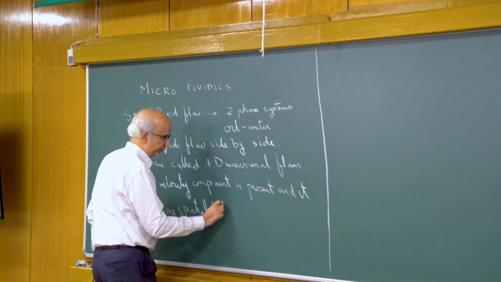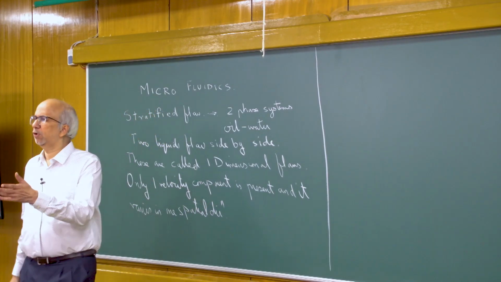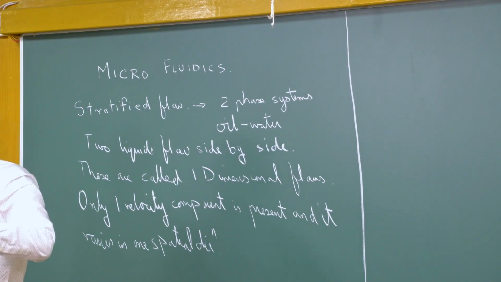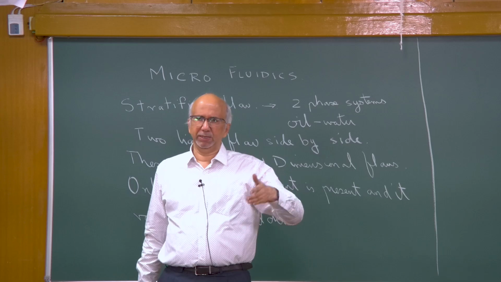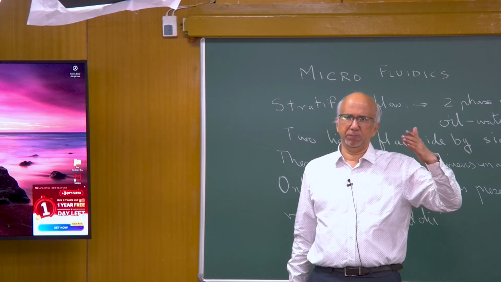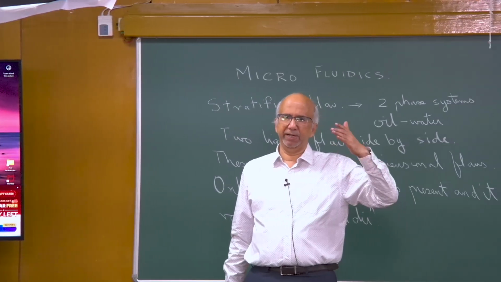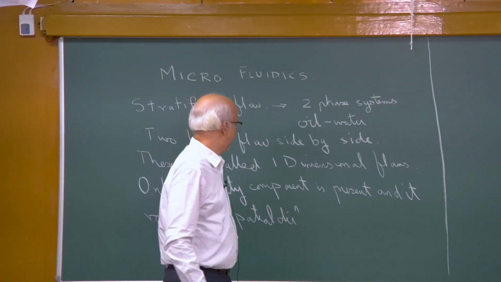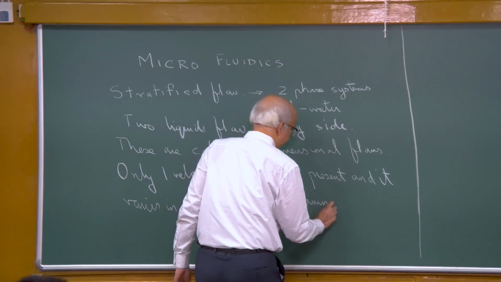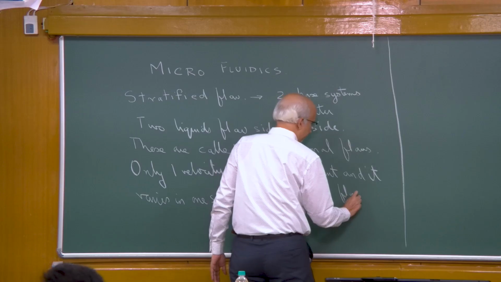Similar to what you see in laminar flow, you have only the axial velocity which is varying in the radial direction. If you have laminar flow in a pipe, that is like a one dimensional flow for me. Vz, the axial velocity component, varies in the radial direction.